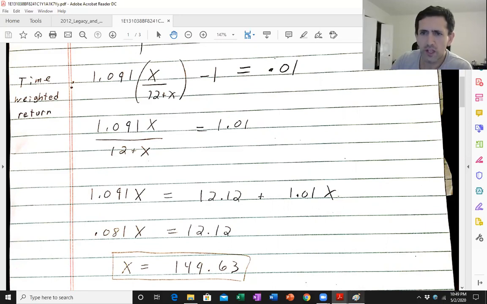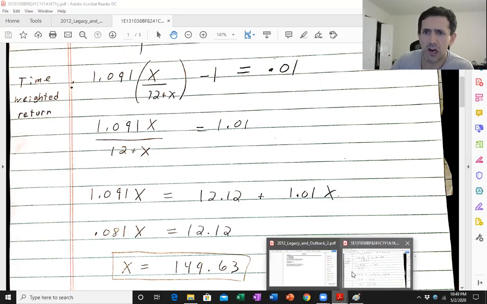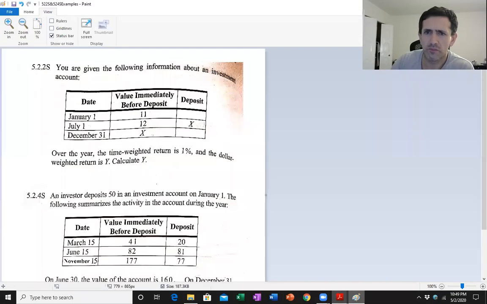Okay, let's just take a look here at what we have. Okay. So we have our $11. That's what we start off with. That counts as your initial deposit. That's cash out. That's negative. You have your X here. Okay. We don't really care about this 12.